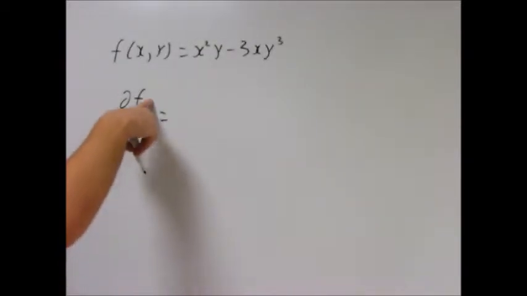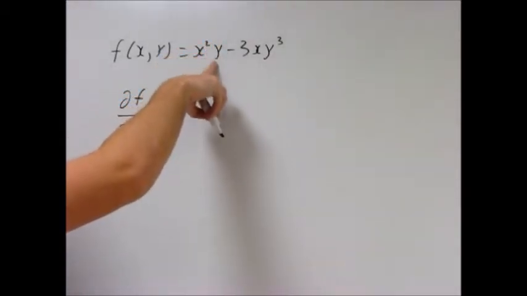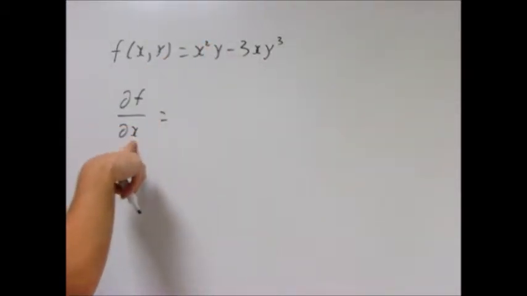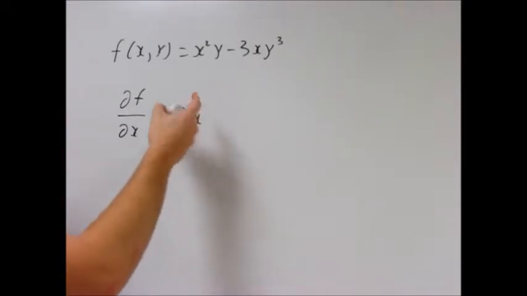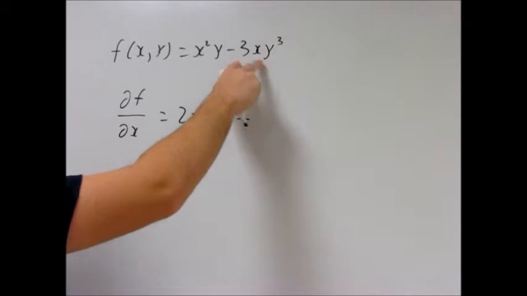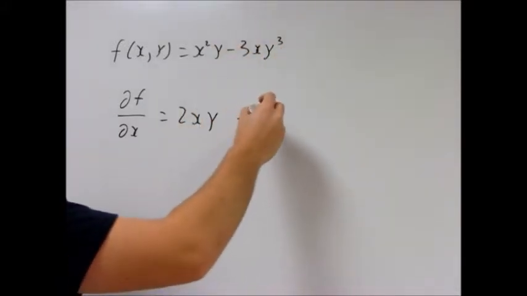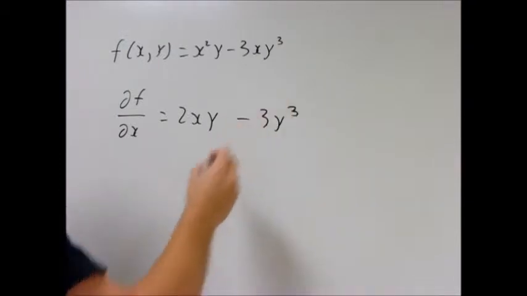So partial derivative with respect to x, we can treat y as a constant. So this is x squared times a number. So the derivative of that with respect to x would be 2x, and we just keep the constant there, minus, this is just something times x, and so we just drop the x, 3y cubed.